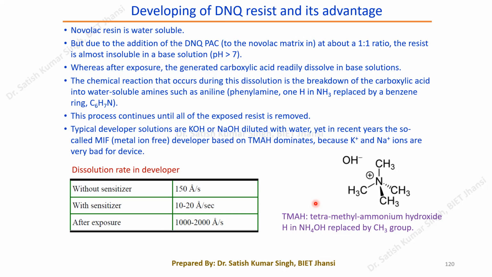You can see that without sensitizer the dissolution rate is almost 15 nanometer per second, and with the sensitizer, meaning the photoactive compound DNQ, that may reduce to 1 to 2 nanometer per second, and after exposure it will be 100 to 200 nanometer per second. So that is the dissolution rate.